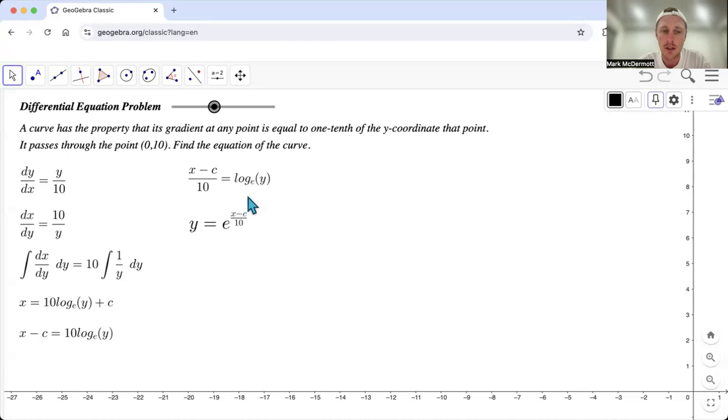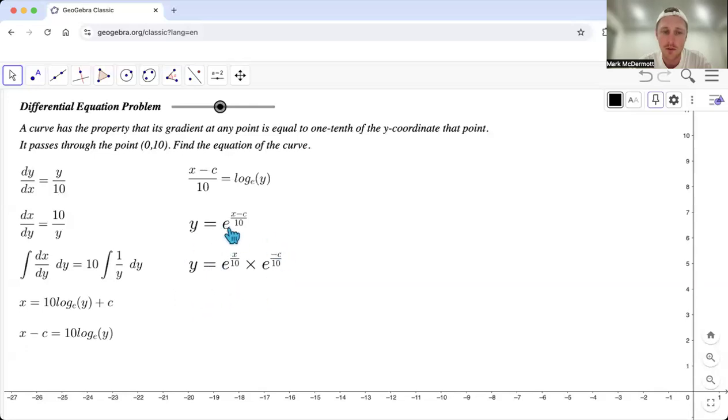Okay, to get y on its own, because we want to find out what the function is, we're going to take e to the power of both sides. That's the reciprocal operation of the natural log, to take the exponent, so y equals e to the power of (x minus c) on 10. Then we're just going to break this up a little bit.